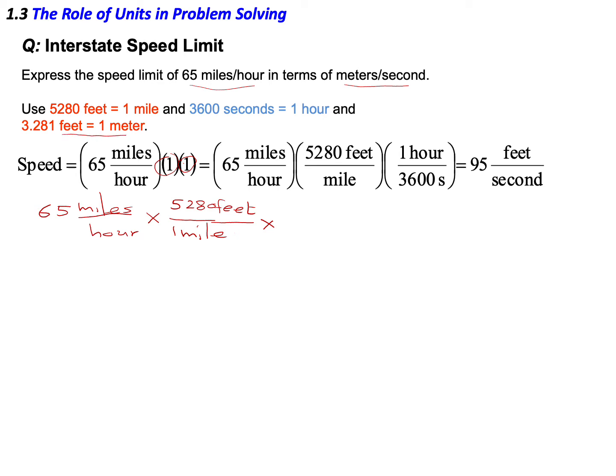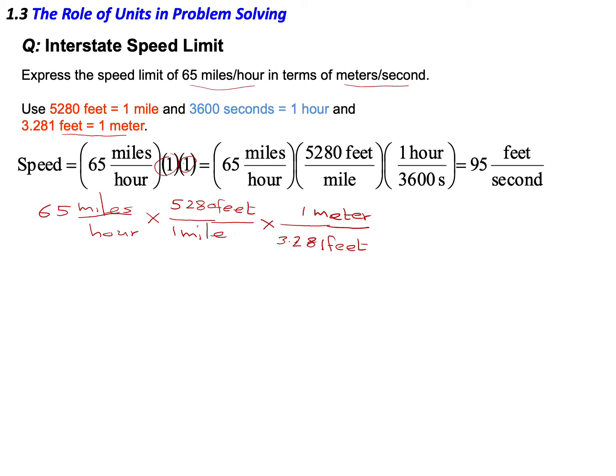So now you can cancel this feet with the feet given in the conversion, which is 3.281 feet multiplied by 1 meter. So now we convert miles to meters, but we are halfway through, so now we have to convert hours to seconds.